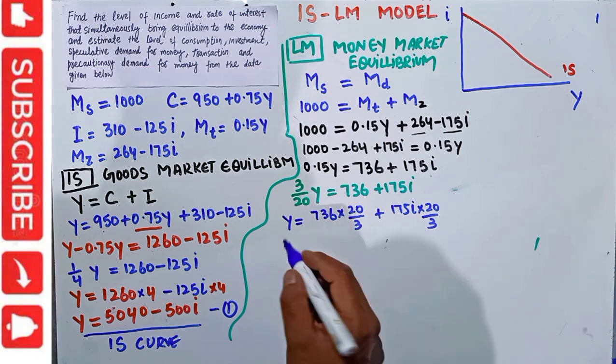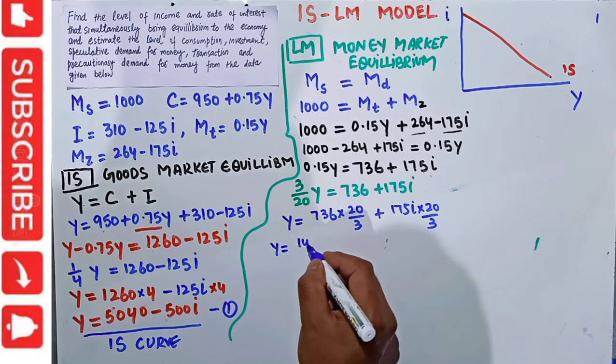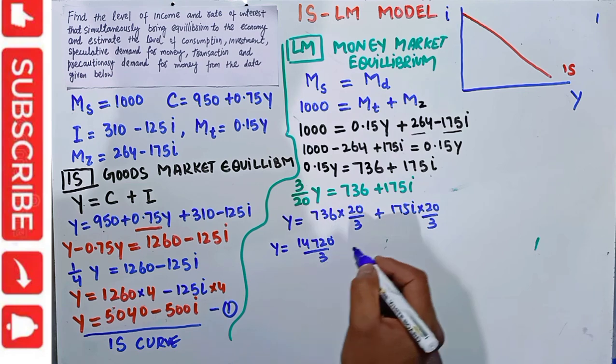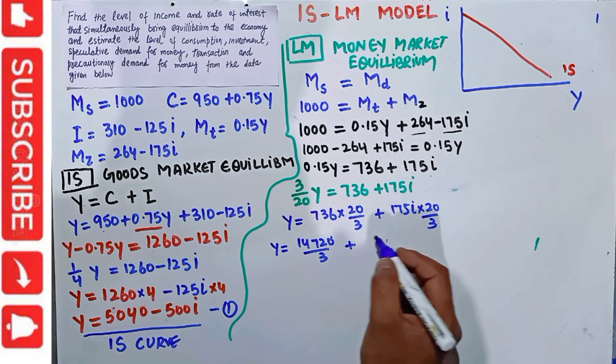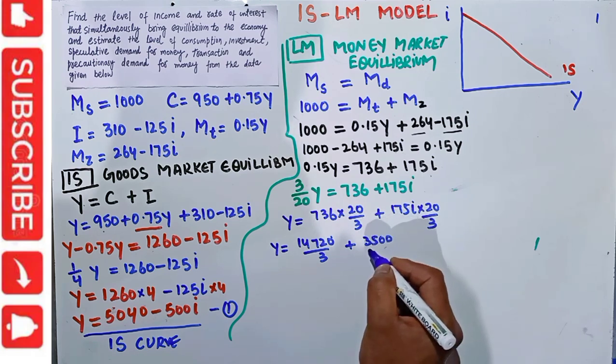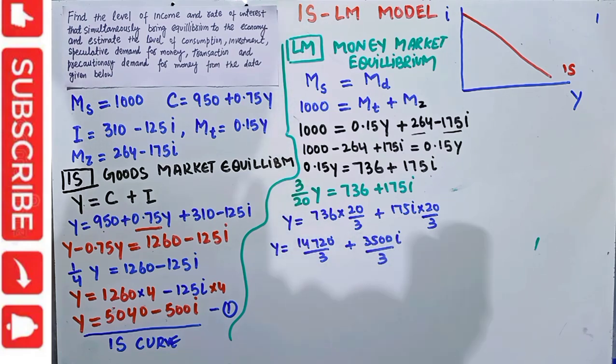When you add this up, our y will be equal to 14720 divided by 3 plus I have calculated this is 3500i divided by 3. This is our LM equation.